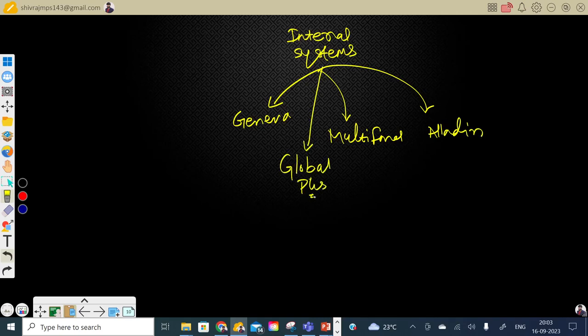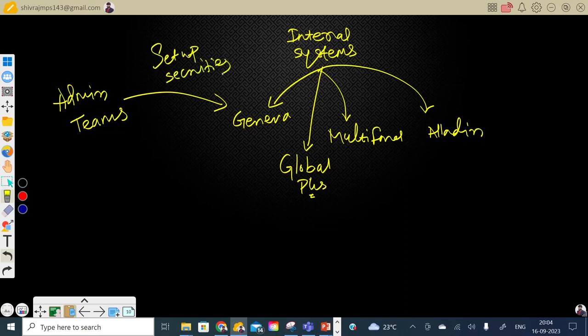So those are the accounting platforms. So it means the admin team's responsibility is to set up securities on the accounting platform. Because Geneva, Multifonds, Aladdin, Global Plus are all accounting platforms. So you can record on those platforms.